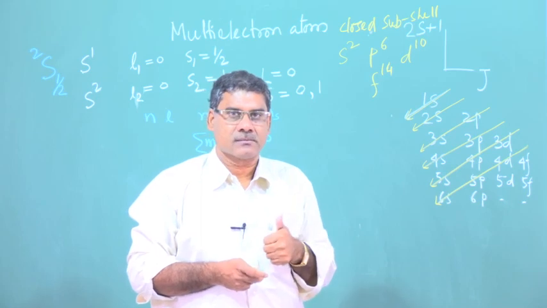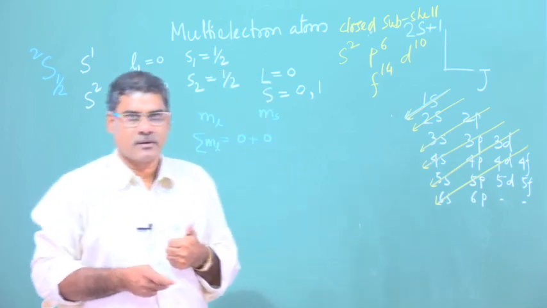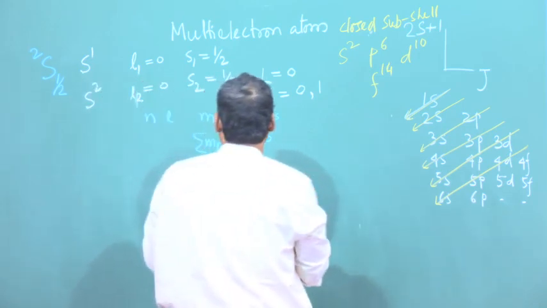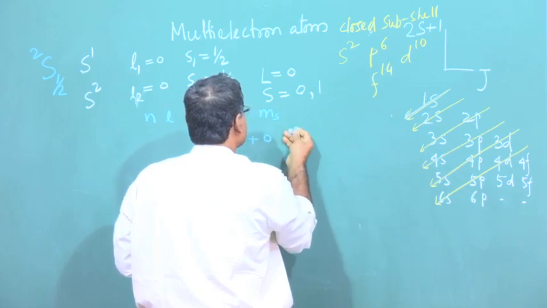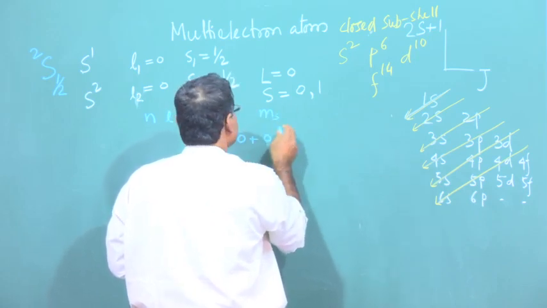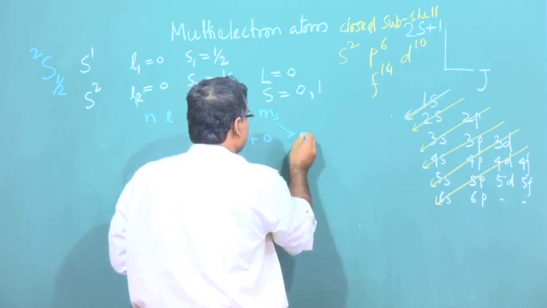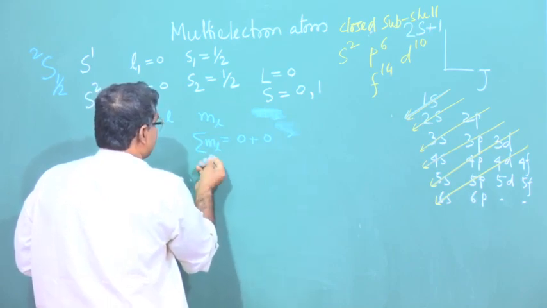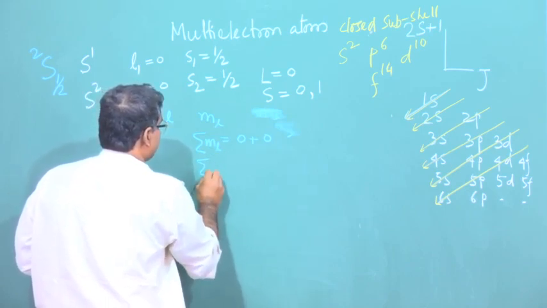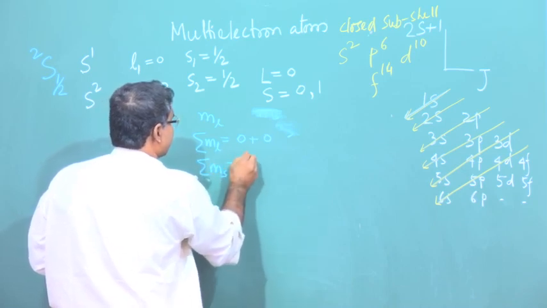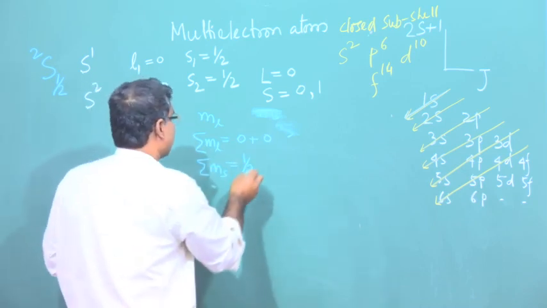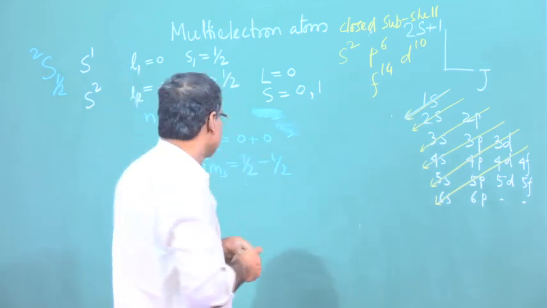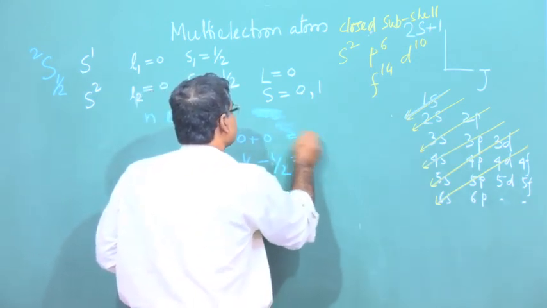So MS has to be different for these 2 electrons. If it is half, then the other one has to be minus half. So the summation of MS will be 0.